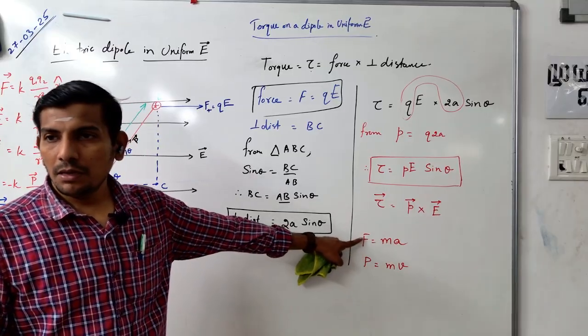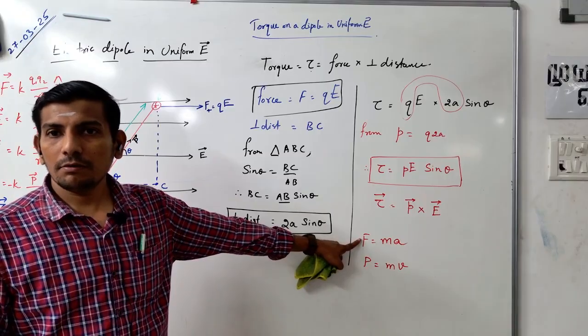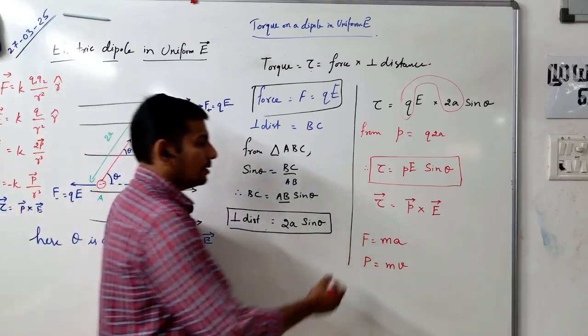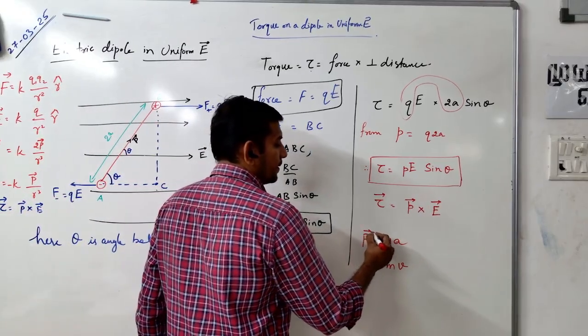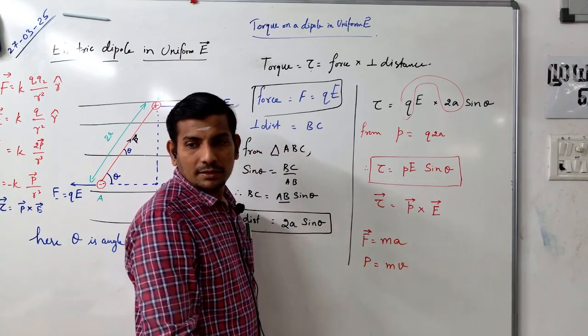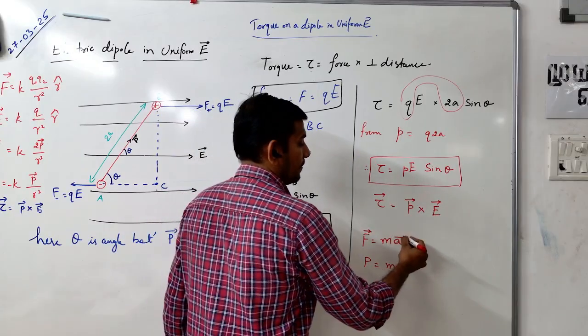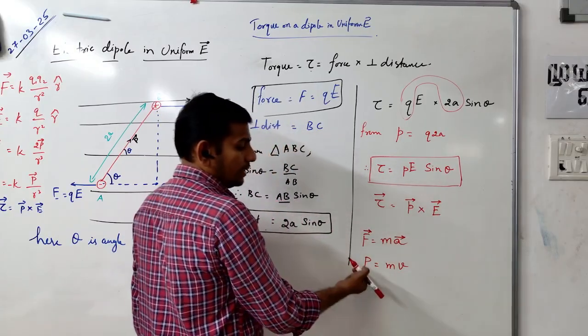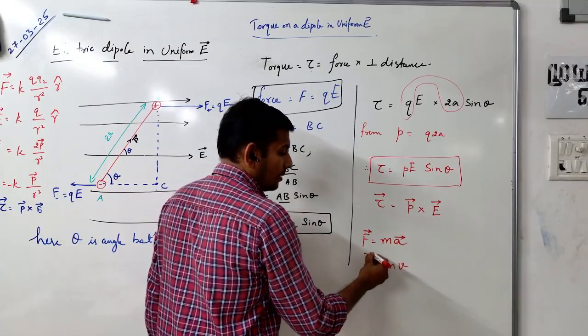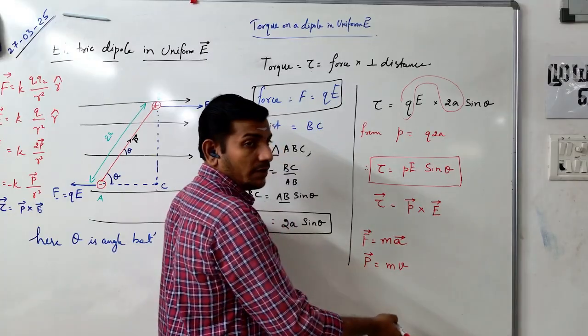Linear momentum and force are vector quantities. On the left hand side, force is the vector, and on the right hand side, acceleration is the vector. Momentum is the vector, and on the right hand side, velocity is the vector.